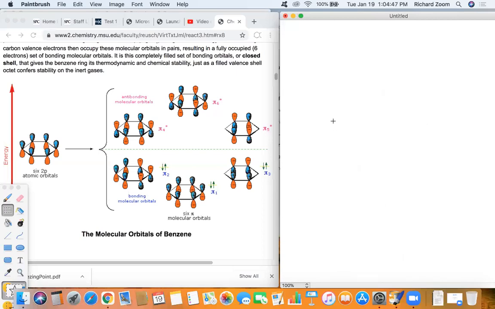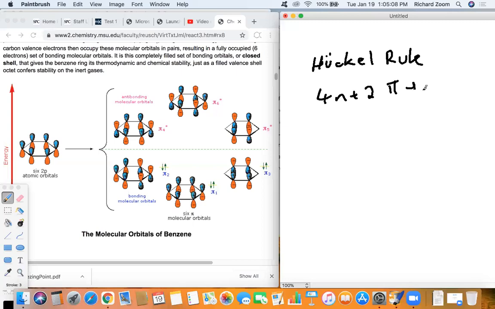So here's what we know, and this is called the Hückel rule. If you have 4n plus 2 pi electrons, that's aromatic. And that would mean examples would be 6, 10, 14.